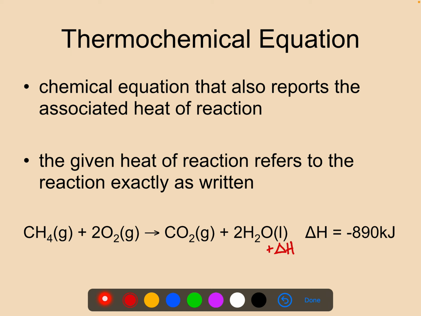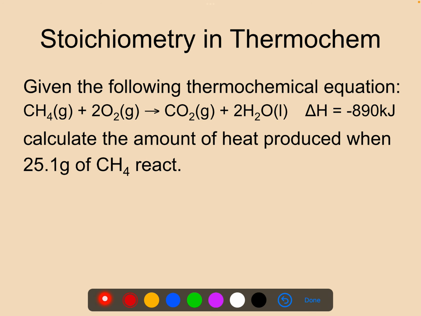So let's look at how to actually use this in a calculation. We can do stoichiometry using this heat of reaction as written as part of our mole ratio since it's in the equation.